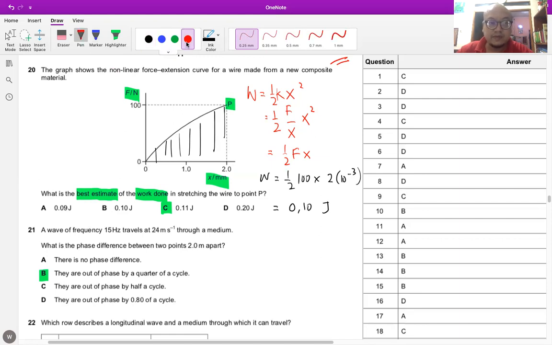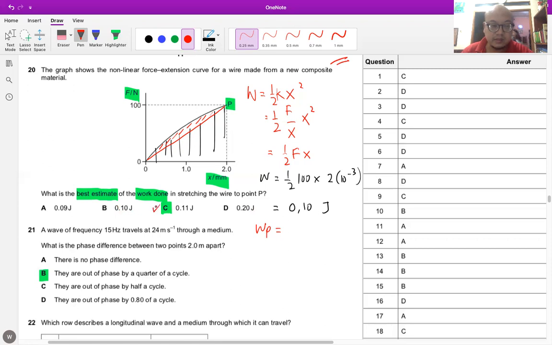But since this is not a triangle, there is still area on this side. So the work done at P is 0.1 plus something, maybe 0.11, but not 0.2, that's too big, and also not 0.10 because this is not a triangle.